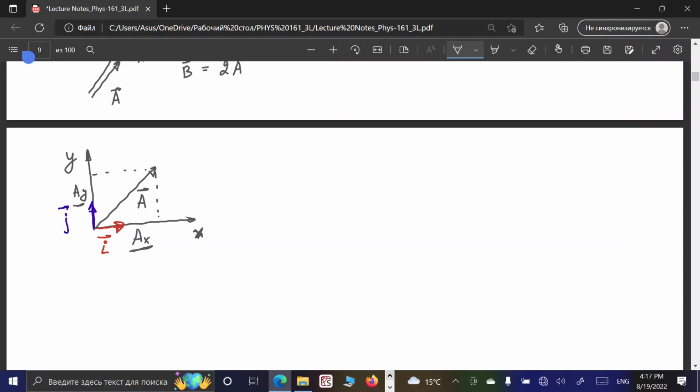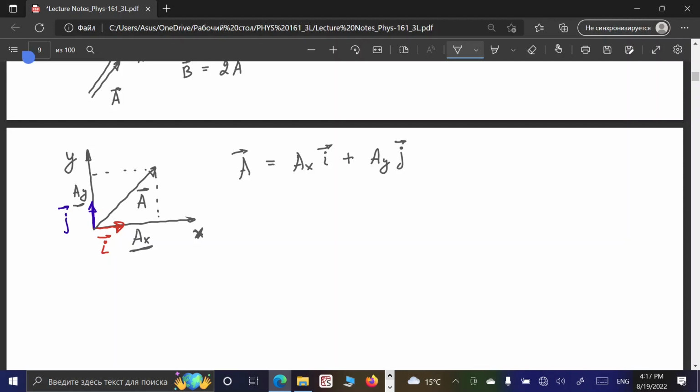And now we can just write the following. We have vector A, we can represent as the sum of two vectors. So this one is A_x times i unit vector. So A_x defines magnitude of this component, and i unit vector defines the orientation, which is along axis x. Then we have another component, A_y times j unit vector.